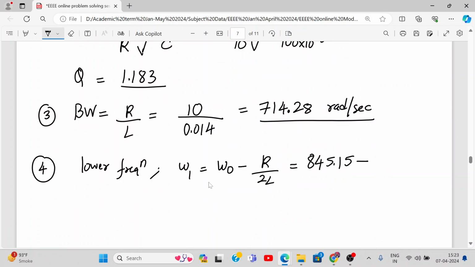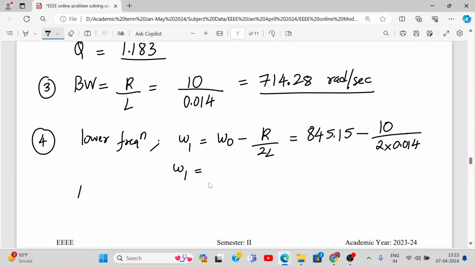So 845.15 minus R divided by 2 into L. Calculate omega 1, then the higher frequency will be omega 2, omega naught plus R by 2L. How much is omega 1? Is it 488?